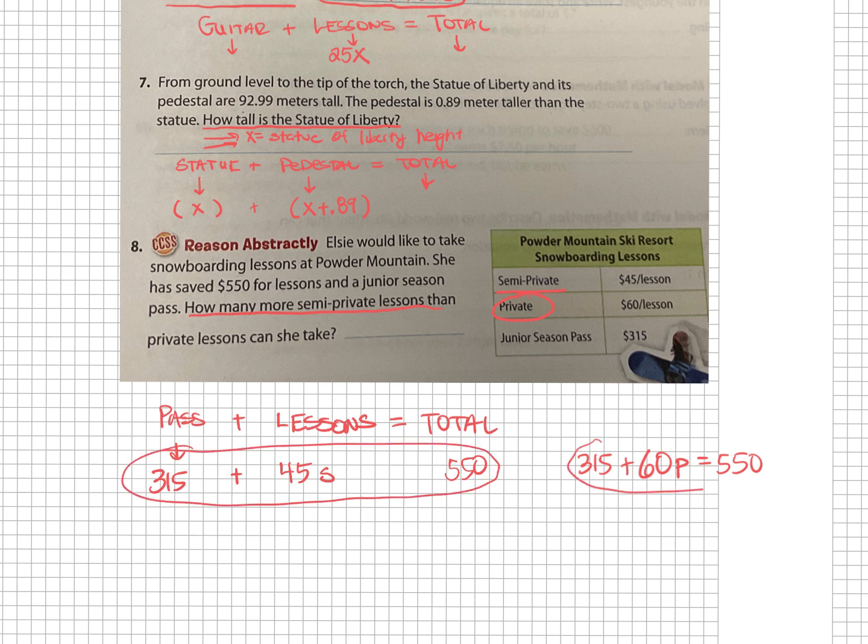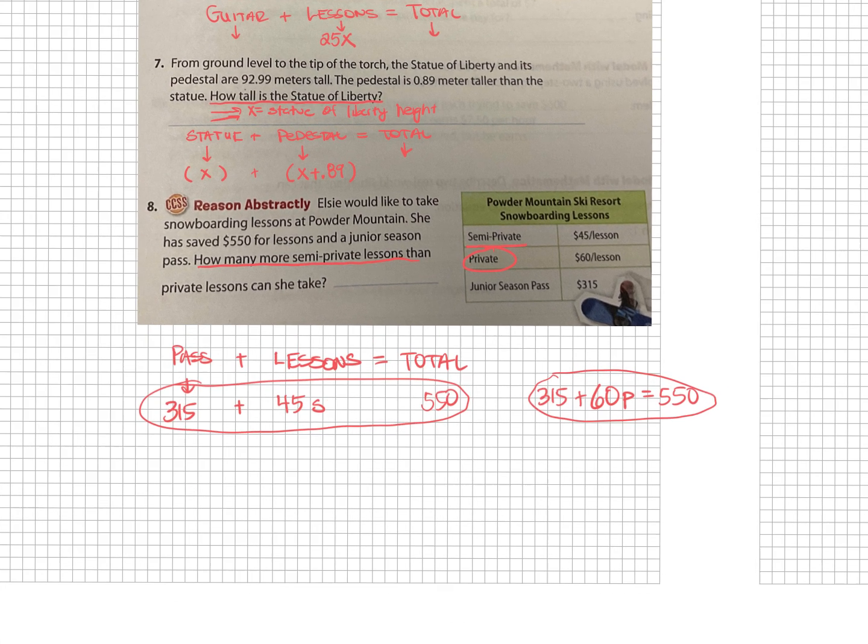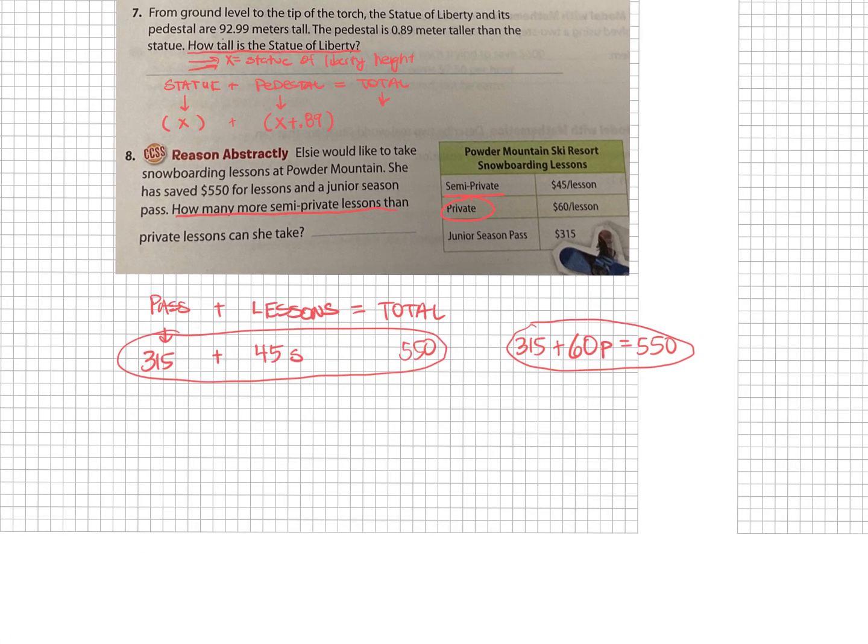Here's her equation if she takes private lessons. So you have to solve those. Solve this equation for S and solve that equation for P. And say, okay, if she wanted to take semi-private lessons, what was her answer? And if she wanted to take private lessons, what was her answer for P? And how many more lessons could she afford if she decides to do this option than this option? All right, good luck.